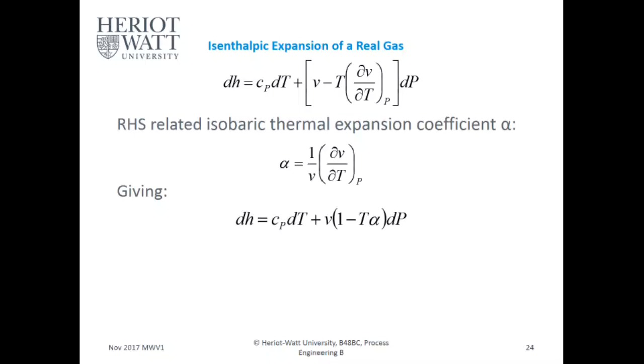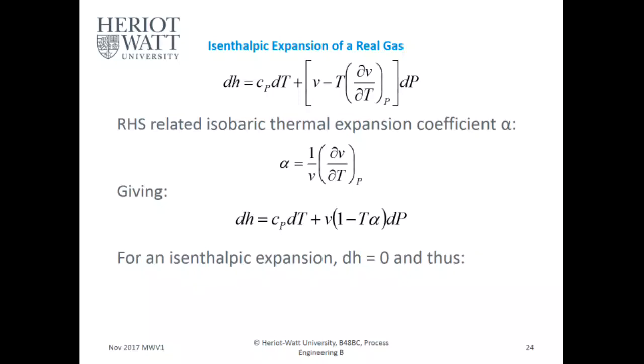Now, that second part of the equation, V multiplied by (1 minus T alpha) with respect to the change in pressure, is quite important, and you'll see why. You don't need to fully understand the maths, but you need to remember that.